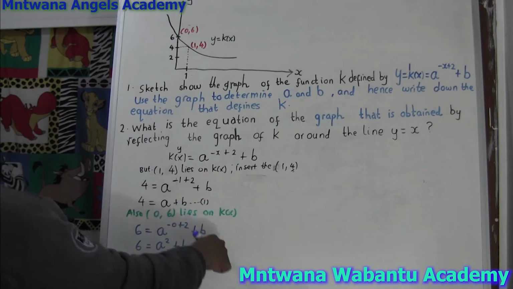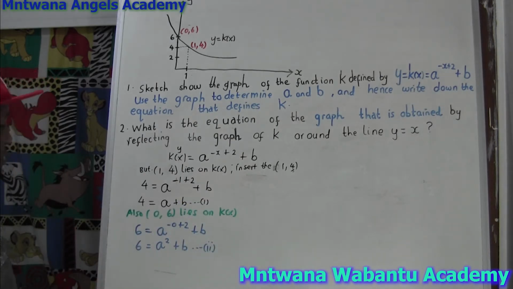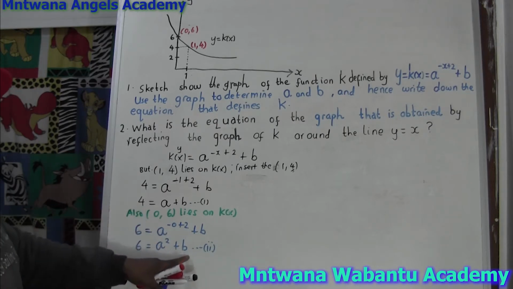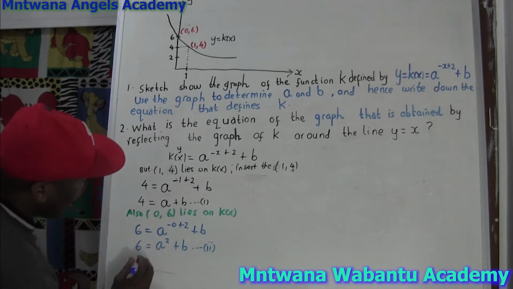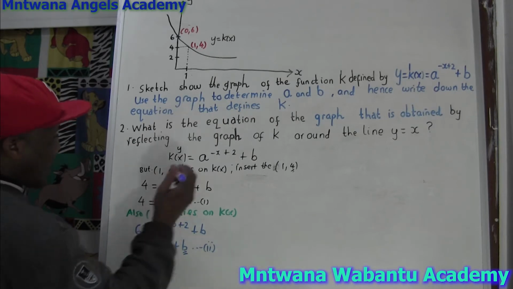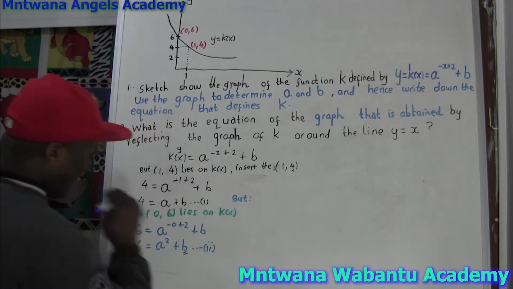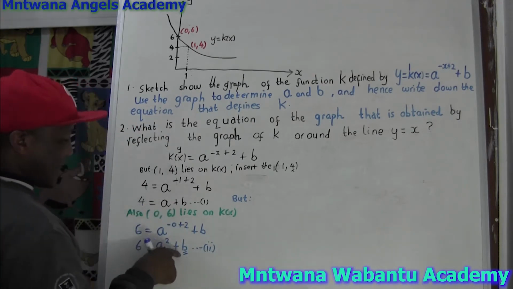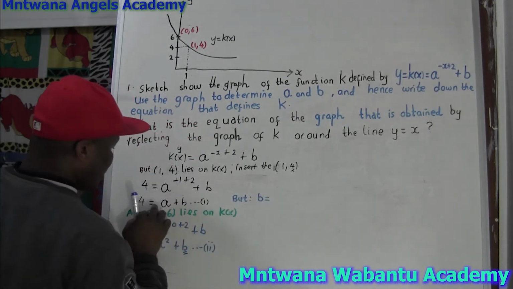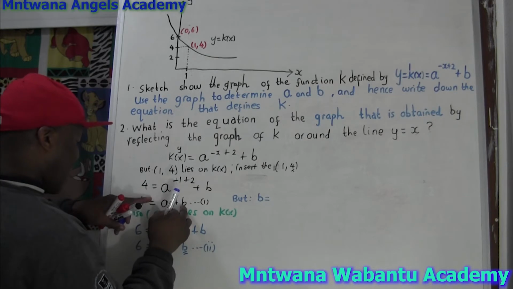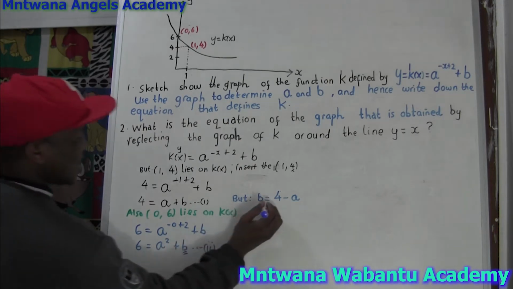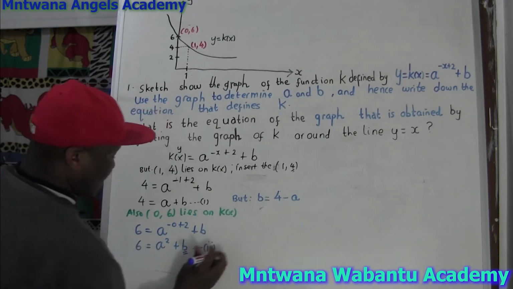So I can solve the first and second simultaneously. What I'm going to do is make b the subject, so I can solve the simultaneous equations. So my b is equal to, a is going to come here, b equal to 4 minus a.